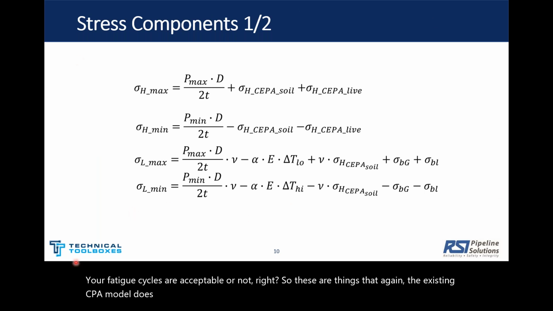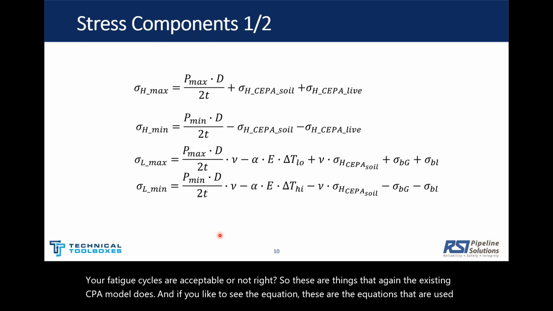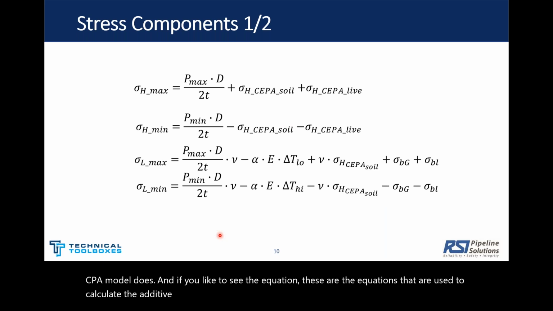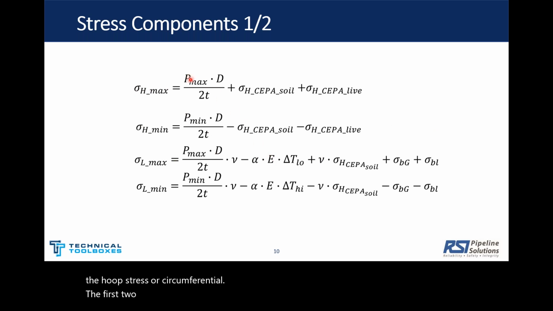And if you like to see the equation, these are the equations that are used to calculate the additive, circumferential, and longitudinal stress. So the first part, let's start with the hoop stress or circumferential, the first two equations. Here, P is the internal pressure, right?